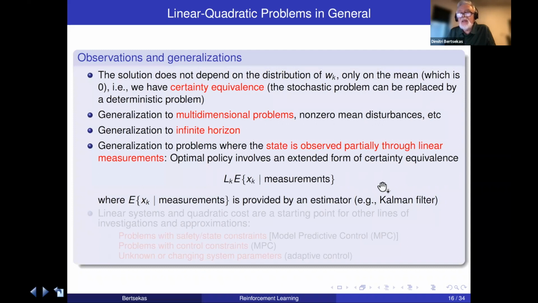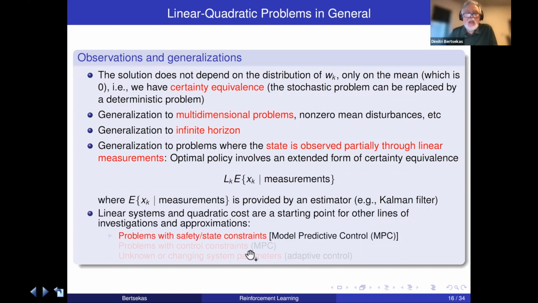Again, this is an idea that is used by way of approximation in more general contexts, to replace unknown or imperfectly observed states with their expected values provided by an estimator. So linear systems and quadratic costs are a starting point for other lines of investigation and approximations. This is a very useful approach in designing controllers.